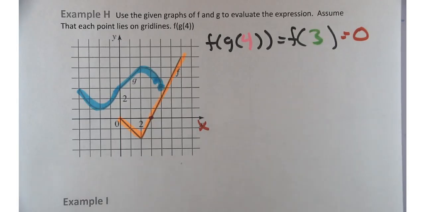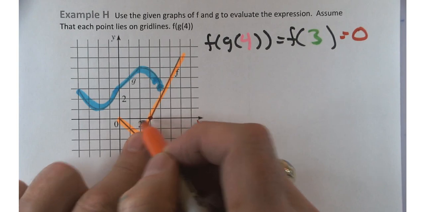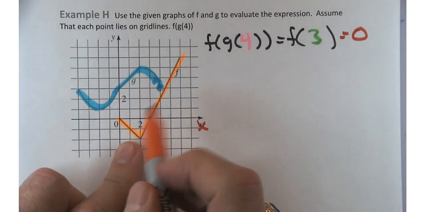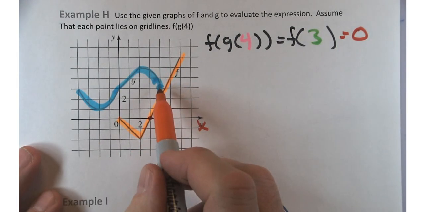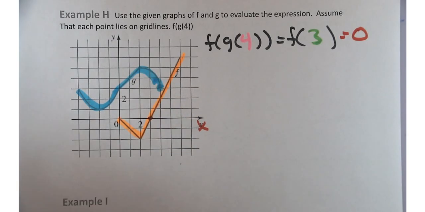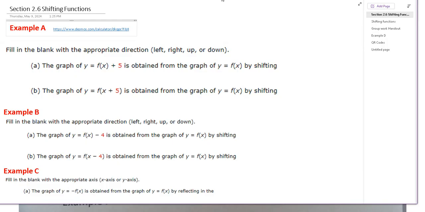All right, ladies, are you okay with where these are coming from for the g of 4? Could you explain the g of 4 again? One more time? All right, so let me take a look at my handout this way, because I think it might show up a little bit better.